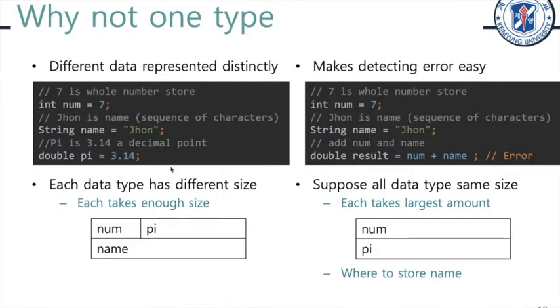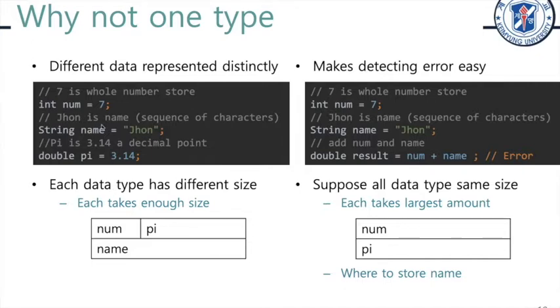Now the question is, why can't we use one variable type for every data? If you remember our discussion in the first video, we said that when we program, we have to use our memory efficiently, because memory is a limited resource. If we use the same variable type, the first problem is that we cannot catch errors very easily.